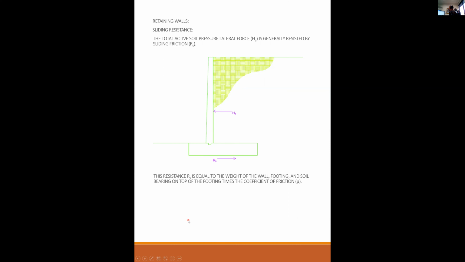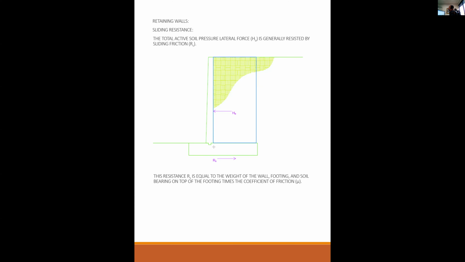This resistance R sub S is equal to the weight of the wall, the weight of the footing, and all the soil. I didn't really draw that in, so let me draw that in. And the weight of all the soil that is bearing on top of the footing, times the coefficient of friction.